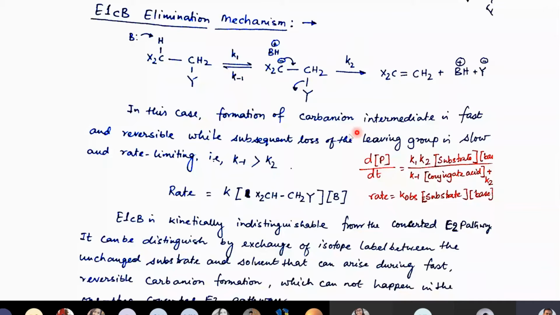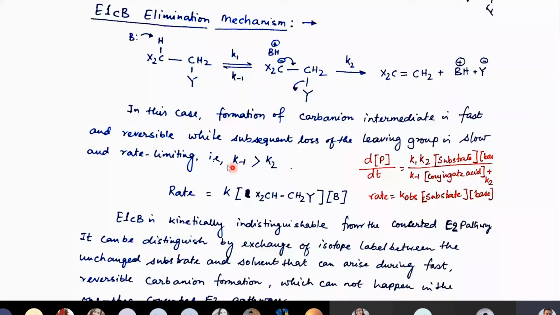In this case, formation of the carbanion intermediate is fast and reversible, while the subsequent loss of the leaving group is slow and rate limiting. So this one is your rate-determining step. This one is your first step, because the base is taking the proton very fast to form this negative charge. Then this negative charge comes, and the C-Y bond breaks.